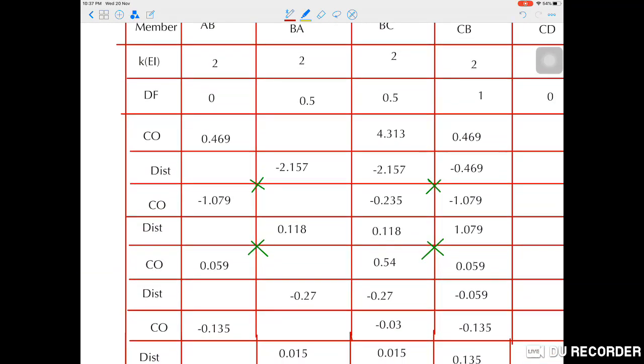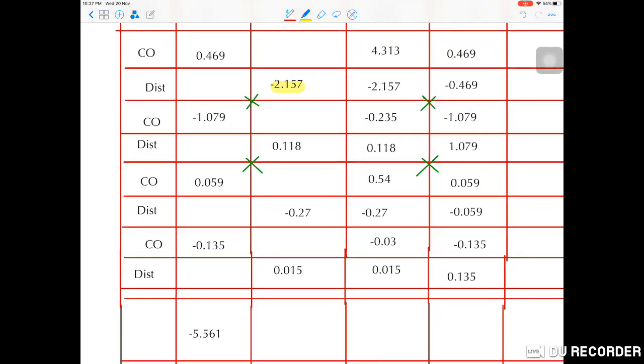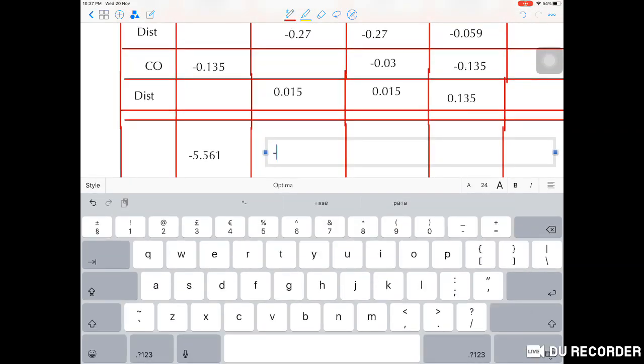Continue with this, minus 2.157 plus 0.118 minus 0.27 plus 0.115 is negative 11.106.